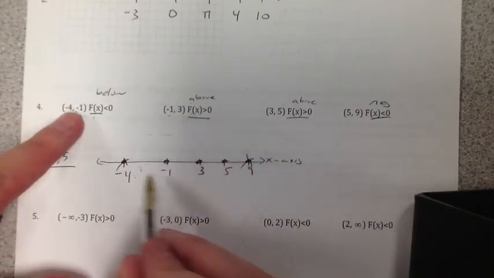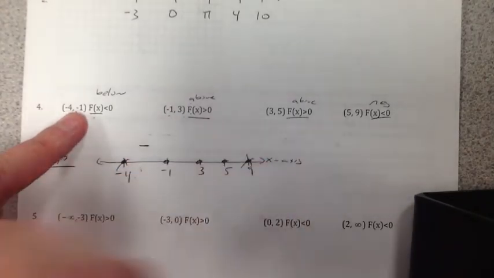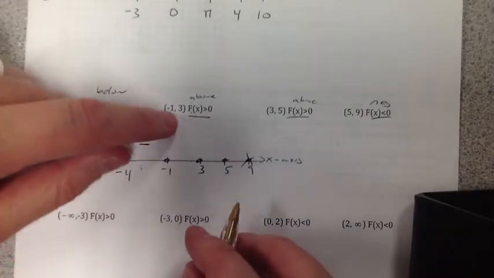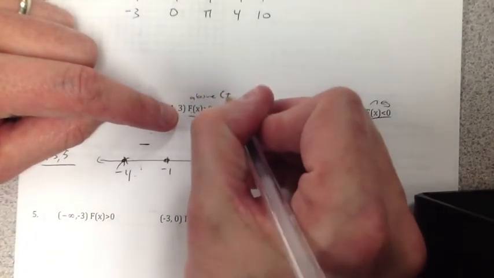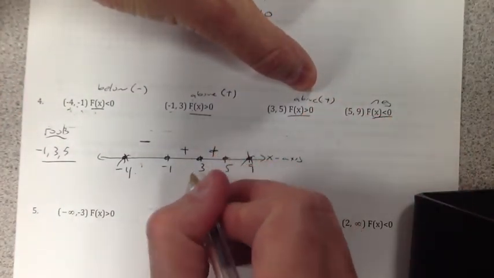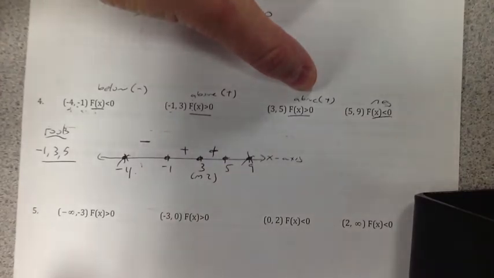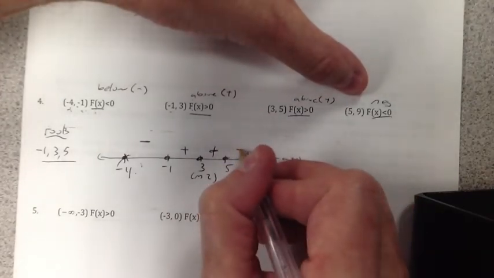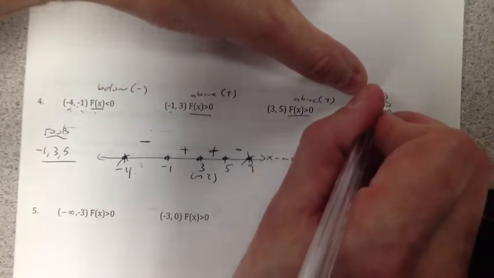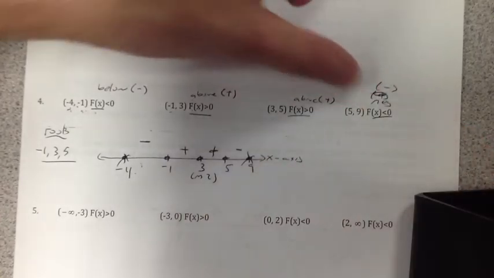Between -4 and -1, it's negative, so we're below the axis. Between -1 and 3, we know it's positive because we're above the axis. Between 3 and 5, again, it's positive, which probably means there's some sort of multiplicity here. And between 5 and 9, negative, because it's below the x-axis.